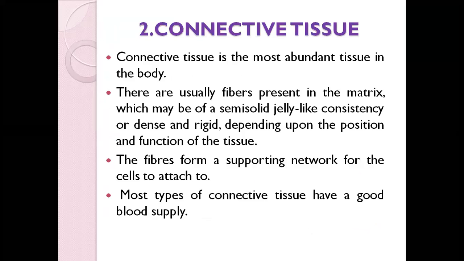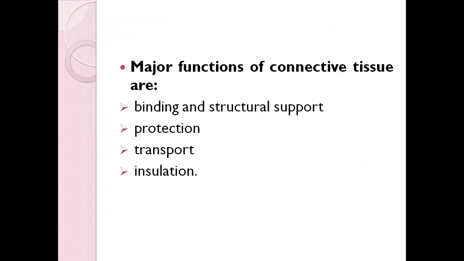Okay, and most types of connective tissue have a very good supply of blood. Actually, as they are very active tissue, they need a very good supply of blood. And the major function of the connective tissue, as the word itself says, connective, means something which helps in binding. Okay, so they are the most abundant type of tissue, and they help in binding and providing some form of structural support.